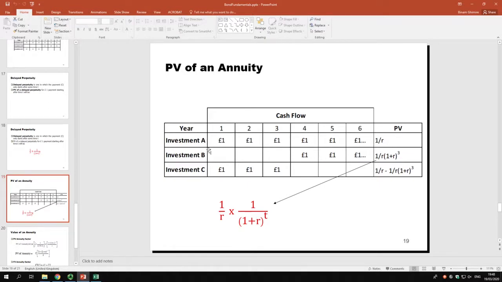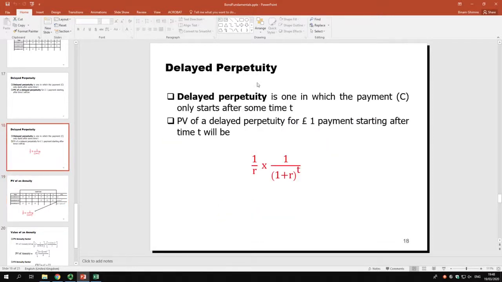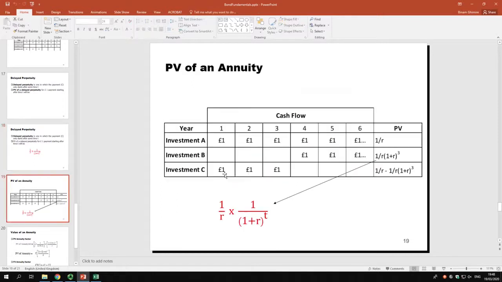But in the case of investment B, what is it? It is exactly similar to investment A, but investment B only starts after a certain time. That's known as a delayed perpetuity, for which you have the same formula, 1 over R, but then for that first 3-year period where there is nothing, you need to discount, so that the 1 over R is calculated for the beginning period. So 1 over R times 1 over (1 plus R) to the power T, here in this case T is 3.